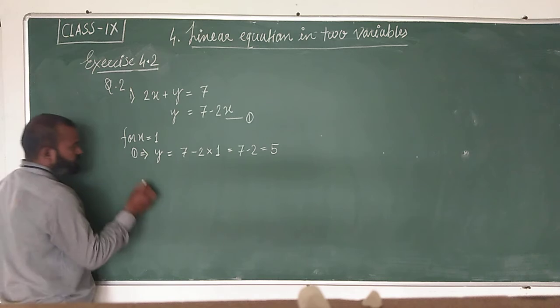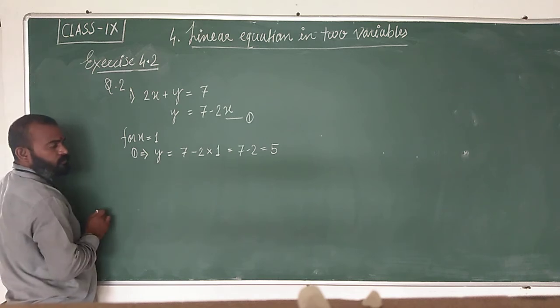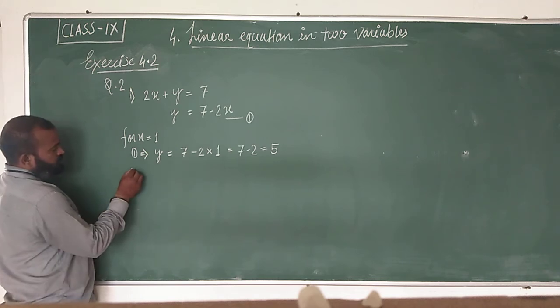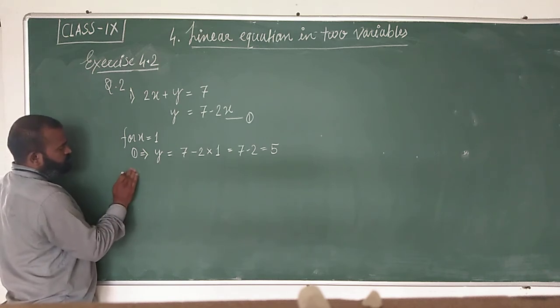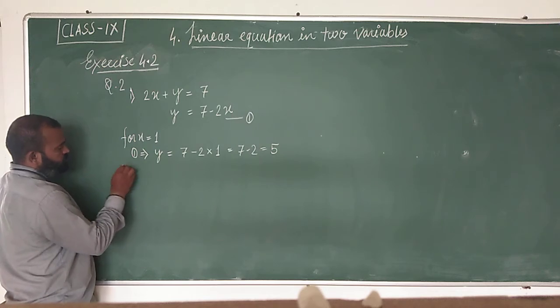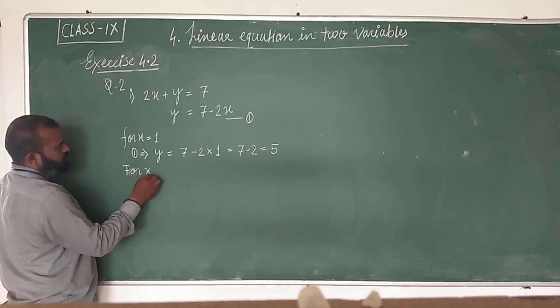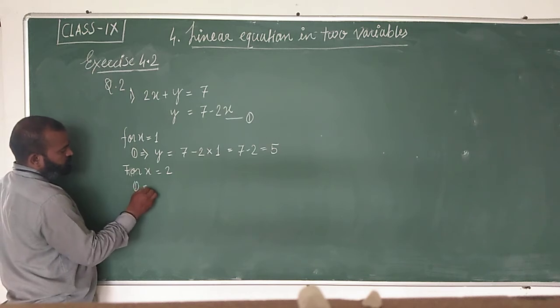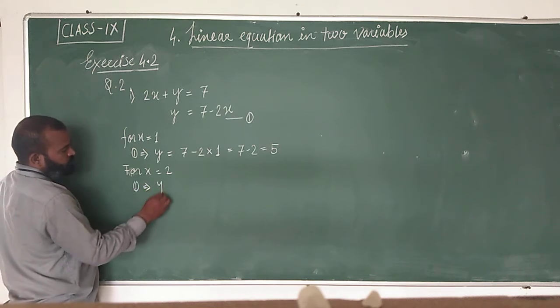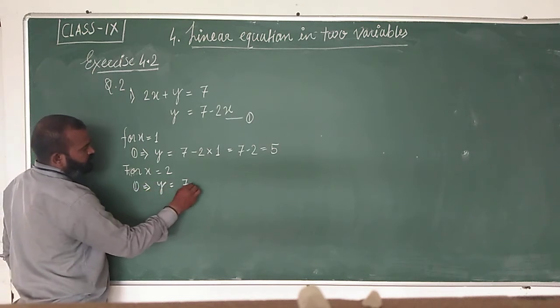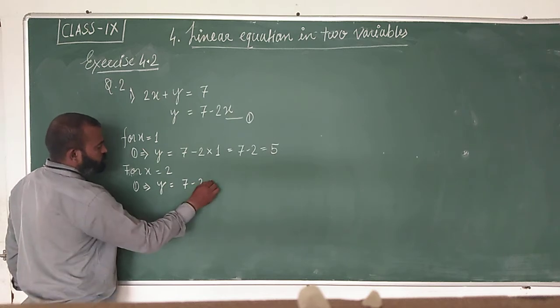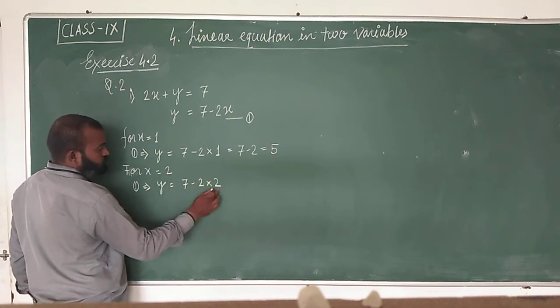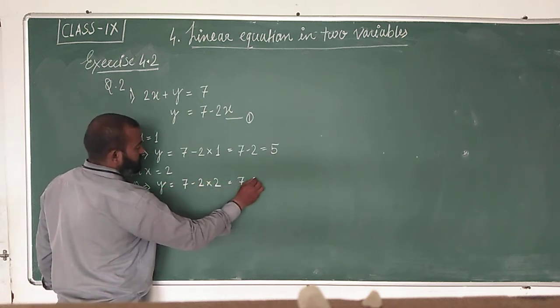So we have got the first solution. Another one, put x equals 2, you may put. So what will you get? Equation 1 implies y equals 7 minus 2 into x, where x equals 2. So 7 minus 4, that equals 3.